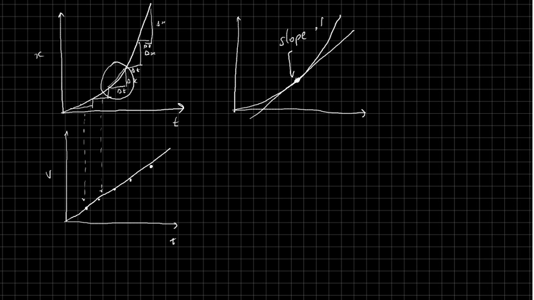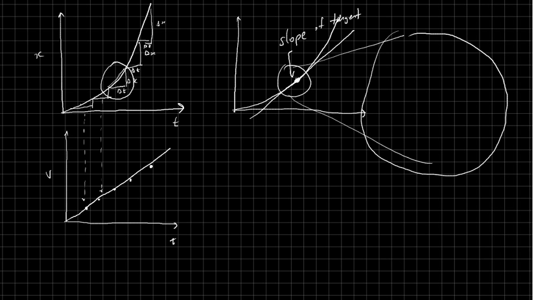So slope of the tangent, and let's zoom up on that again. What we'll have is this line, and then we'll have this curved section, and we want to find the slope at this particular point.